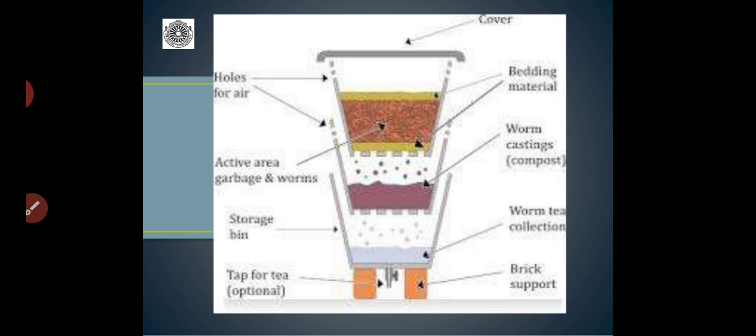This liquid part can be collected at the base. There is a pipe fitted over here, and through that pipe there is a tap through which we can collect that tea, that is, worm tea.